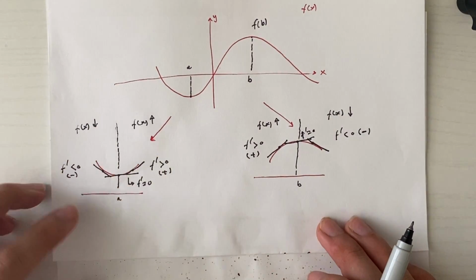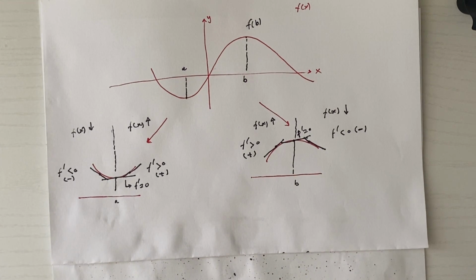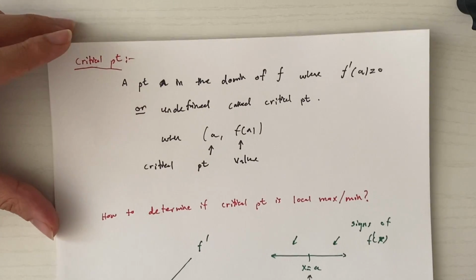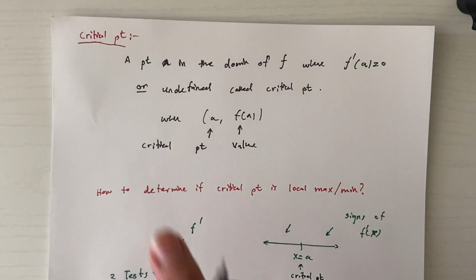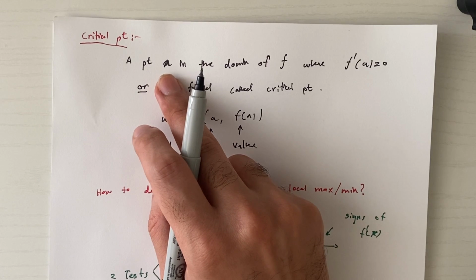So now let's think in terms of a critical point. What's the relation between a critical point and local maximum and minimum? Every time we have a local maximum or minimum, it's gonna be a critical point. So what's a critical point? A point a is said to be a critical point if, first, it has to be in the domain of f.